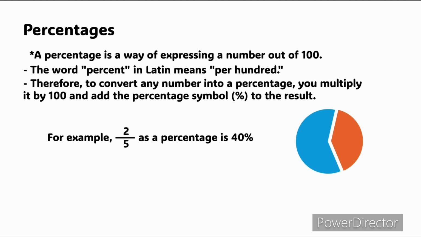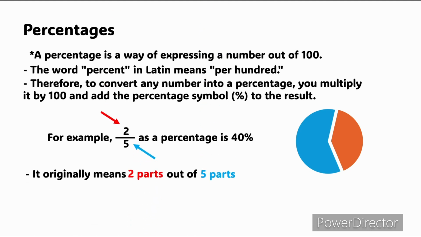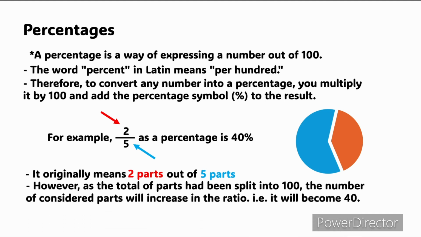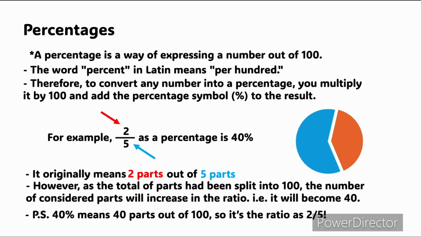It originally means 2 parts out of 5 parts, but as we need to find the parts we consider when the total parts becomes 100, we can multiply both numerator and denominator by 20. This will make us with 40 parts out of 100 parts, meaning it will become 40%. This has the same ratio of 2 over 5, so actually nothing has changed, just its form has changed slightly.